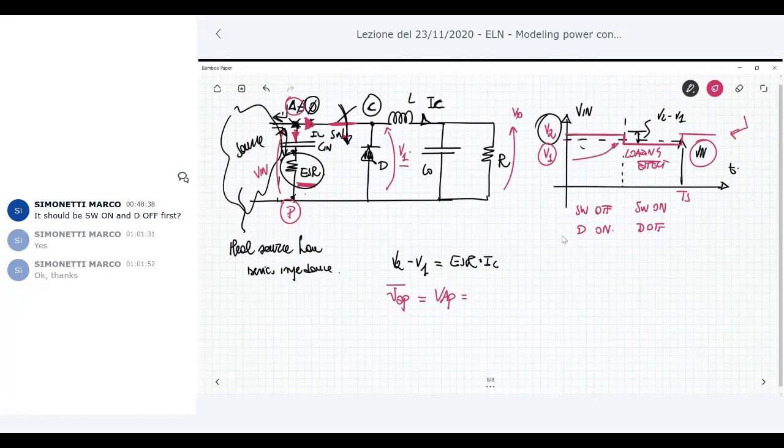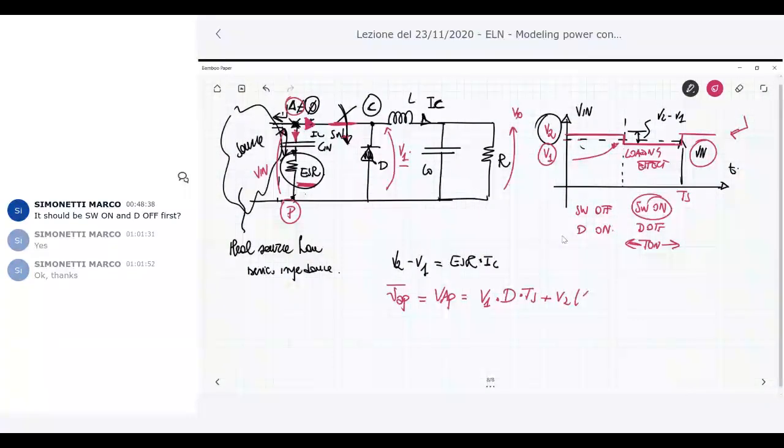So we can say that it is V1, the voltage applied when the switch is on, so during T on, which is D multiplied by Ts, plus the voltage V2, which is obtained when the switch is off, so during the time interval T off, which is 1 minus D multiplied by Ts. Since we have to get the average, you get exactly this expression.